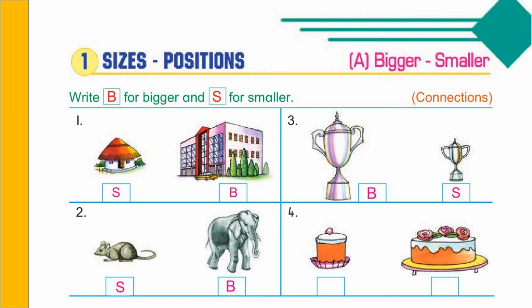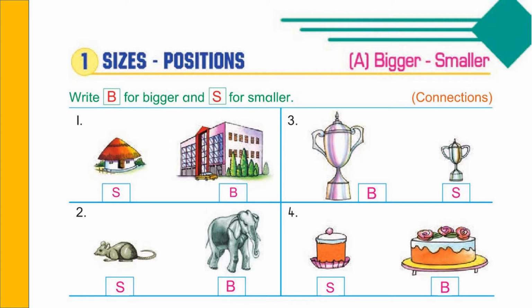Next, fourth question. It shows me cakes. One is a cupcake, another is one complete cake. So cupcake is smaller than the bigger cake, yes or no? So I give an S for the cupcake, and then B for the big cake. So this page is all about comparing the sizes.